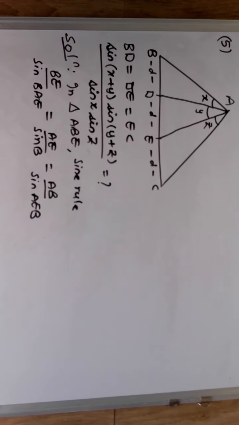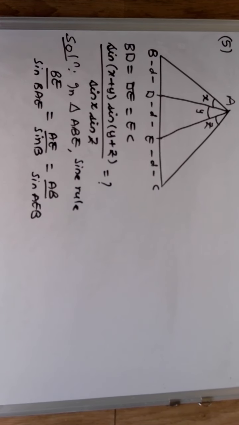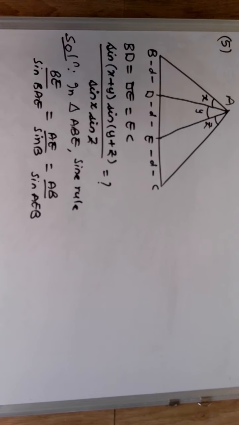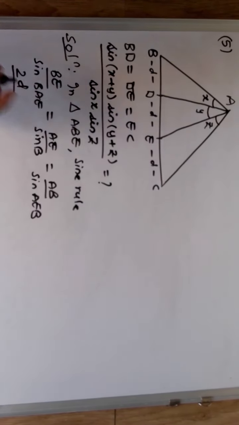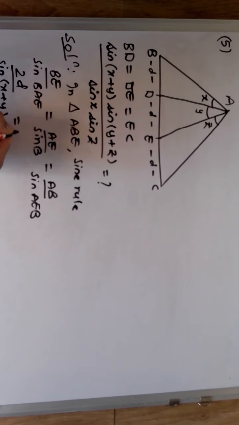Okay, so let me replace the values over here. Now this question cannot be solved without a figure, so I would suggest you first draw the figure, keep it aside, and then only see what I am solving. Otherwise you will not be able to know what I am doing here. So BE is your 2D and BAE is sine(x plus y), which I want, so I got it.